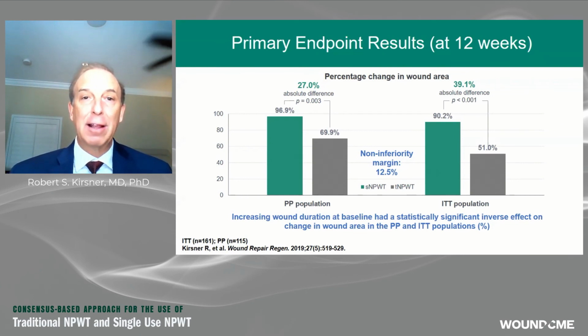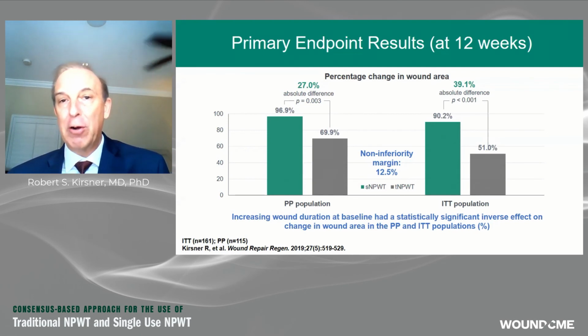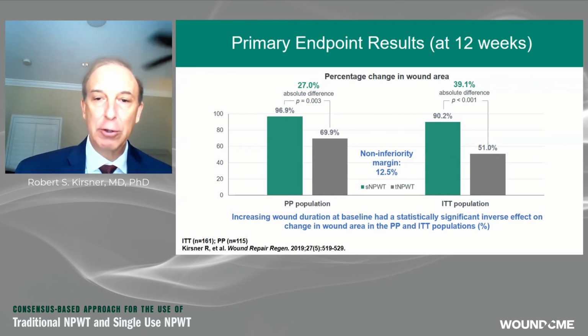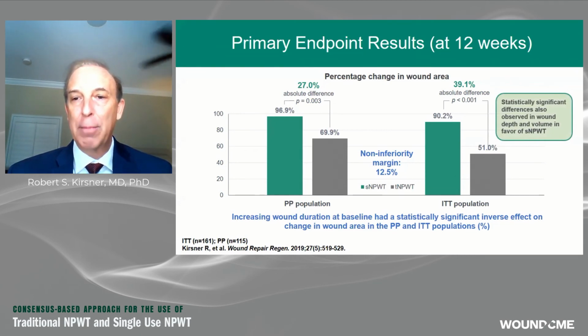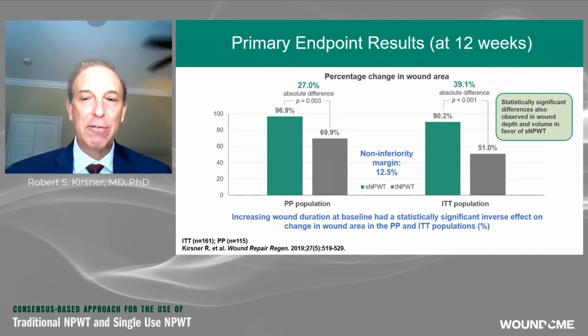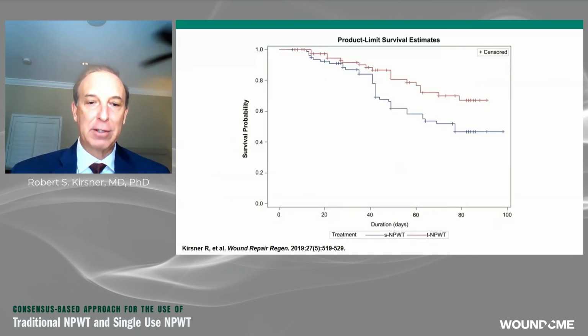So surprisingly, we found a superior result with single-use negative pressure device. And this was statistically significant, not only for % change, but also with regard to other outcomes such as wound depth and wound volume, all of which favored single-use negative therapy devices.